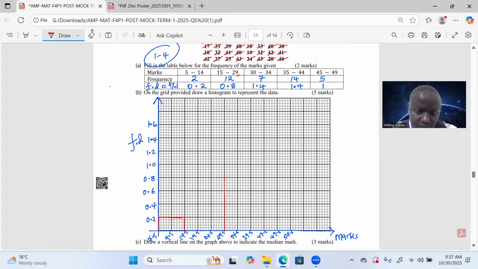So that's how the class shall be, a bit broader than the first one, and also with a bigger height. Look at the other one, from the lower boundary of 29.5 to 34.5, and the height is 1.4.